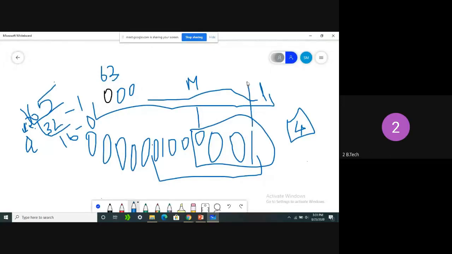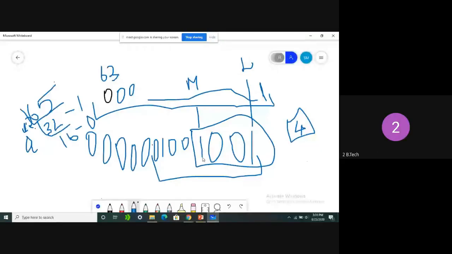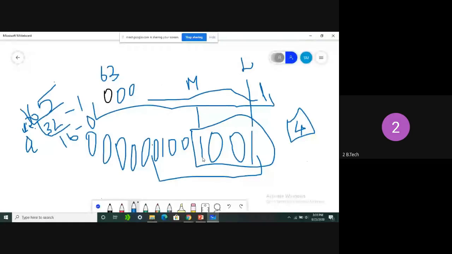Clear all of you? In its MSB position, if 1 is present, the entire value will be taken as a negative value. The processor will consider that if 1 is there in the MSB position, the entire value is a negative value. That is the code for the processor to represent negative values.